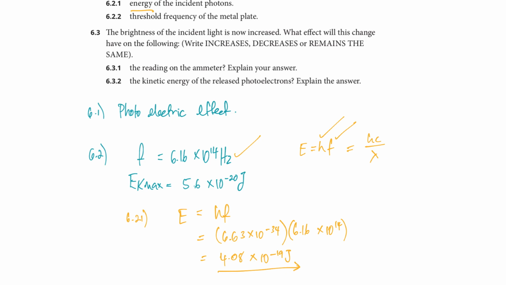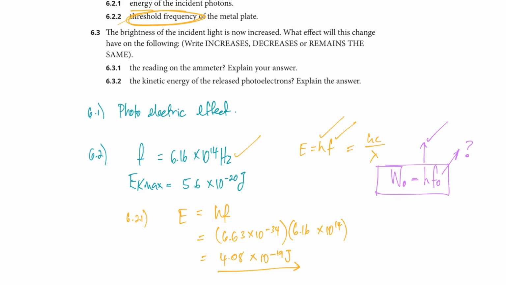The next thing they need is the threshold frequency. The formula that we have for threshold frequency is W0 is equal to hf0. That's my formula that I can use. In this formula, I have h, and I'm looking for a threshold frequency.